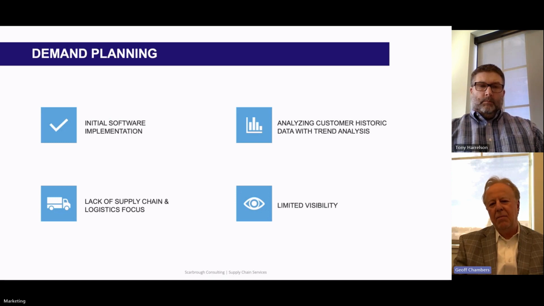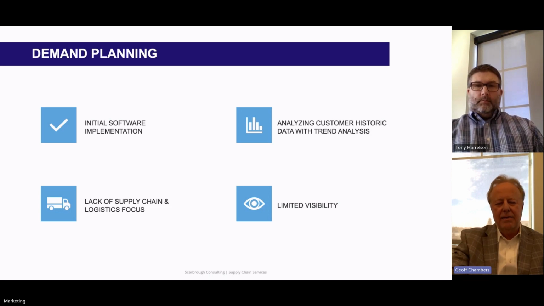So once again, you have some visibility at this point, but at the same time, you have limited visibility. And again, you could have demand planning involved right now, and you could have a combination of these, but these are the highlights of the most common supply chain models.